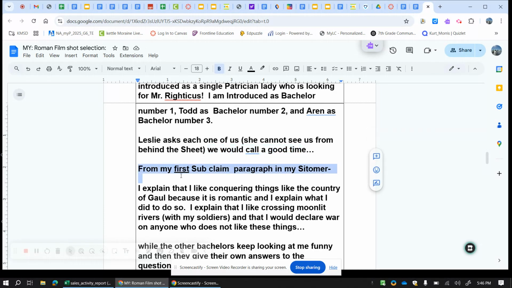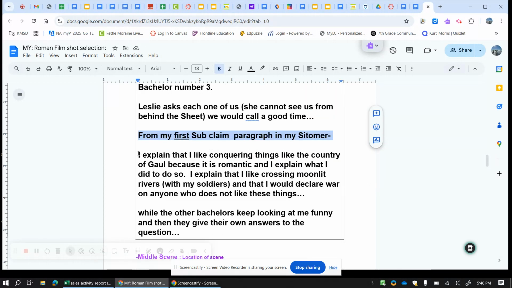Well, from the first subclaim paragraph, this is the part that I want everyone to know about Caesar conquering Gaul and Caesar crossing the Rubicon with his army to declare war on Rome. So, I say this, right? So she says to me, bachelor number 1, what do you call a good time? And then I just write down, not writing everything I'm going to say, but I explain what I'm going to say and do, right?